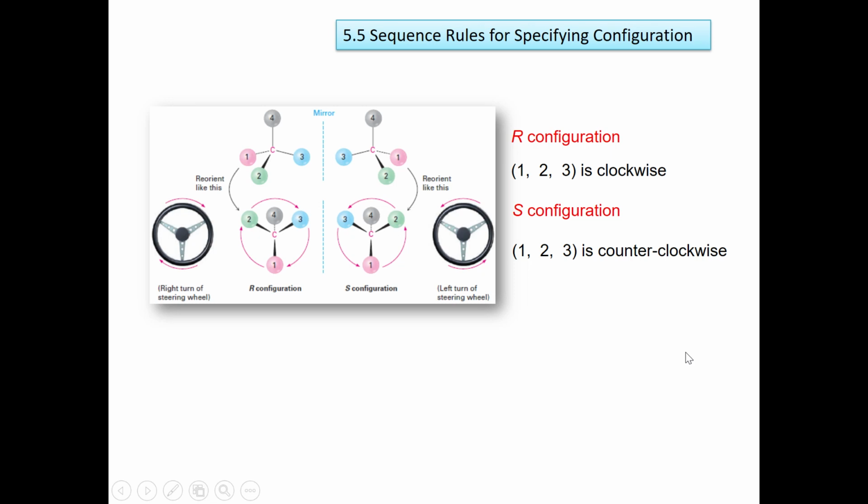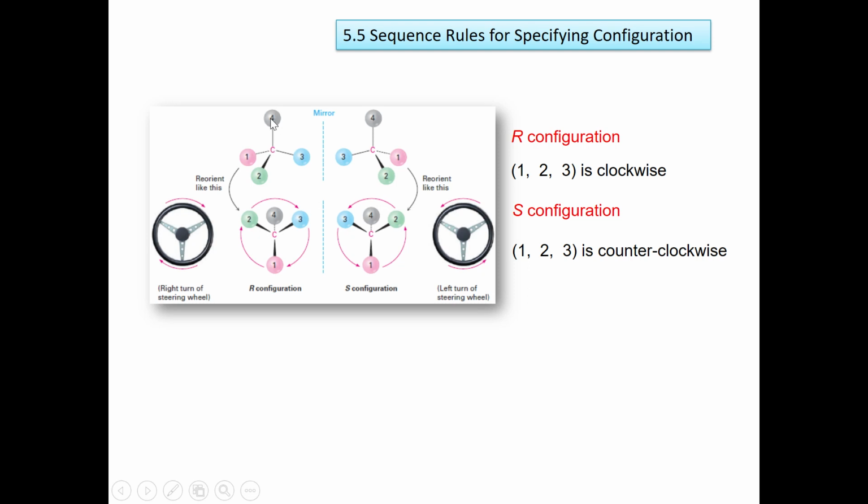Once we have this, the only thing we need to do is follow the sequence. My recommendation: we always view the molecule through the carbon with the lowest possible priority. That means if we see this, the carbon with the lowest priority is this, C4.